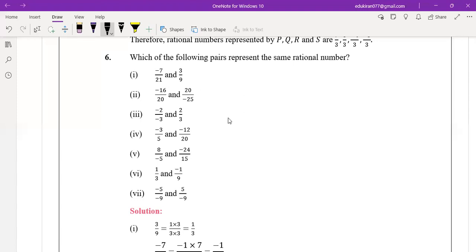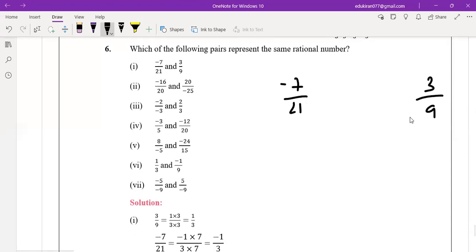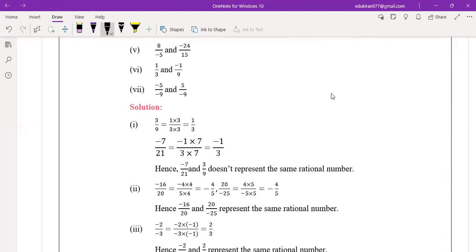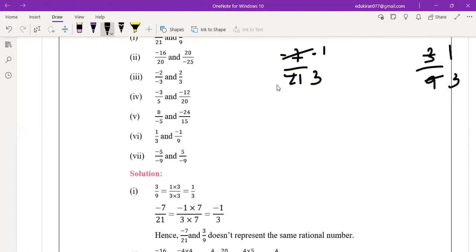Okay. So over here, it's minus 7 upon 21 and 3 upon 9. Ma'am, when we cancel them, it is 1 upon 3. But then the first one will be minus 1 upon 3. Yes. So over here, are they same? No, ma'am.